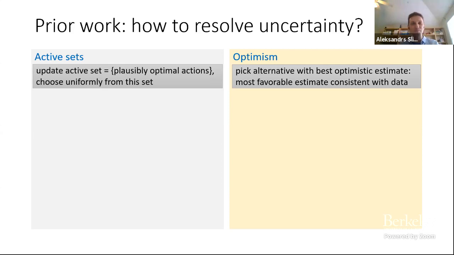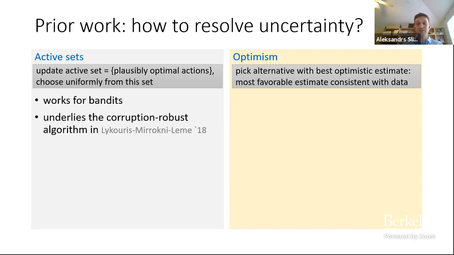We call it the active set, and we choose uniformly or near uniformly from that set. Optimism, and I'm informally defining it, is that we pick the alternative with the best optimistic estimate, which means the most favorable estimate which is still consistent with the data.